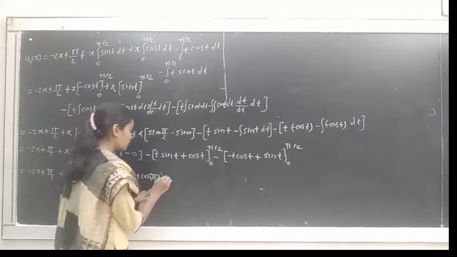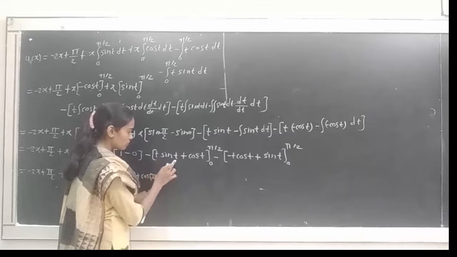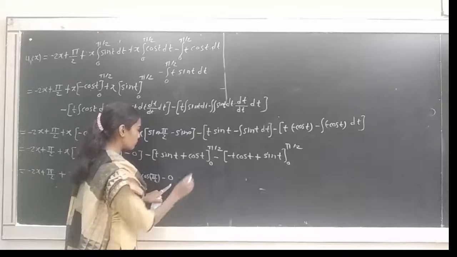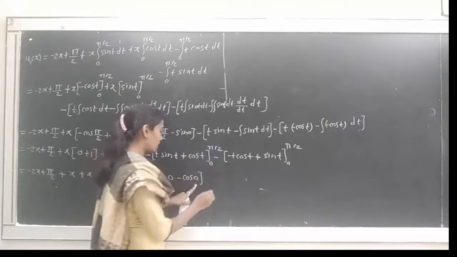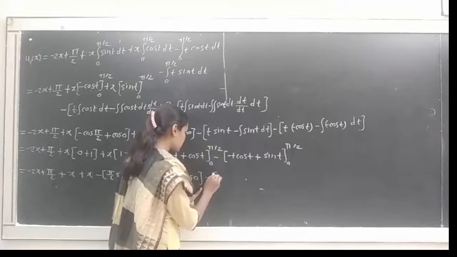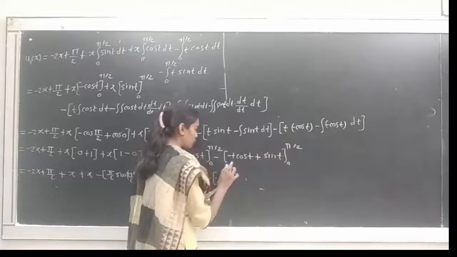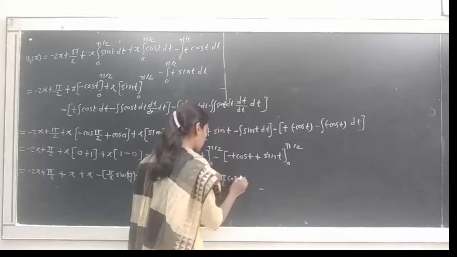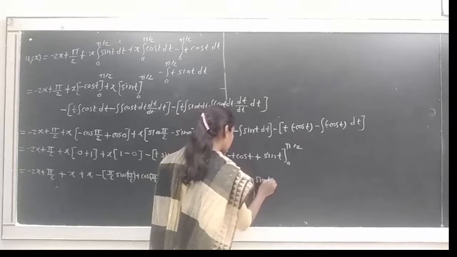Okay, then if we put the lower limit, if we put t is equal to 0, so this term becomes 0 and also sin 0 will be 0, so here we write directly 0, then minus cos 0 will be 1, so we write here cos 0 minus pi by 2, upper limit will be pi by 2, so here if we put t is equal to pi by 2, we get minus pi by 2 cos pi by 2 plus sin pi by 2.